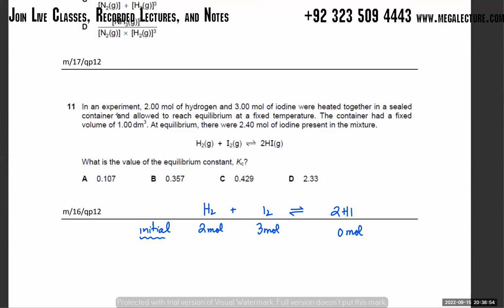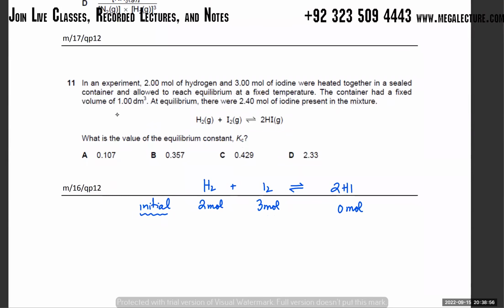Yes, sir. And then he'll give me some information about the equilibrium condition. It's allowed to reach equilibrium. The container had a fixed volume of 1 dm cube. At equilibrium, there were 2.4 moles of iodine. So once it reaches equilibrium, you had 2.40 moles of iodine.